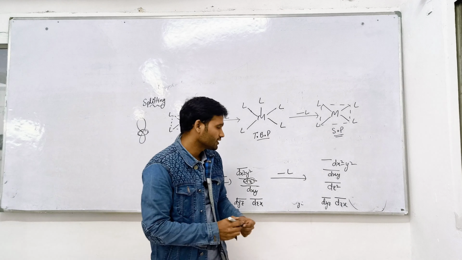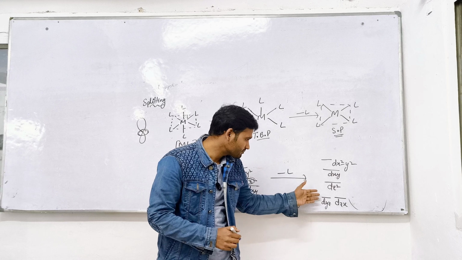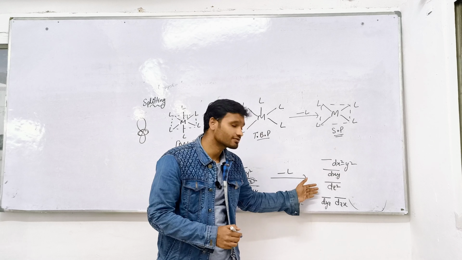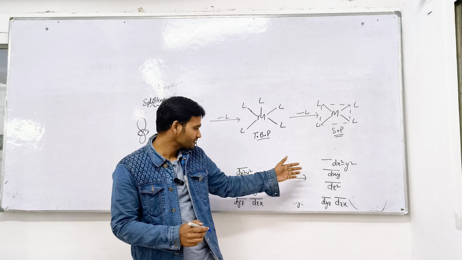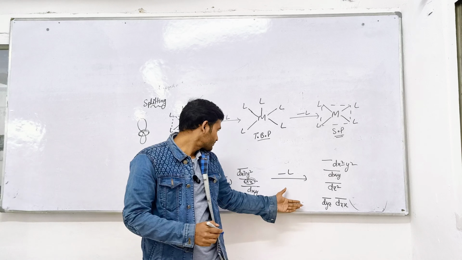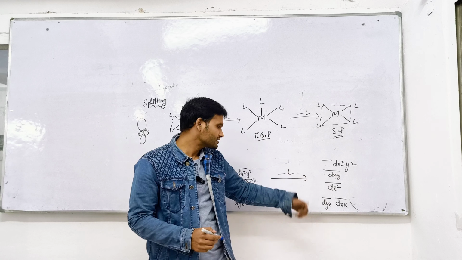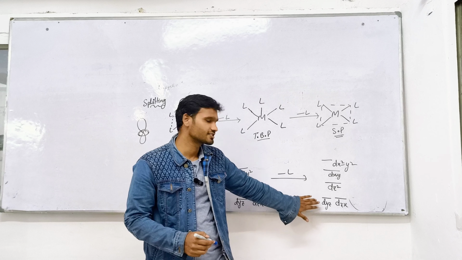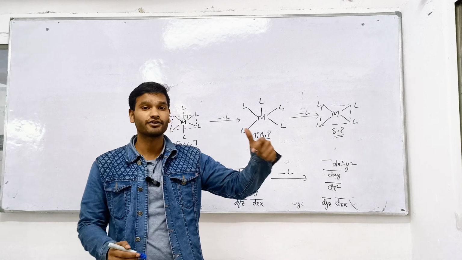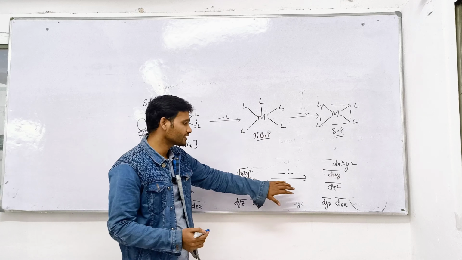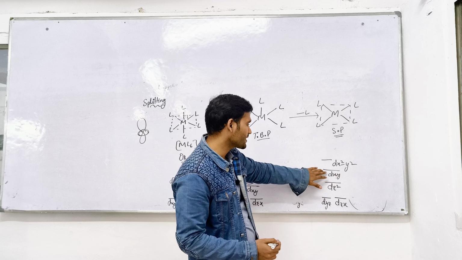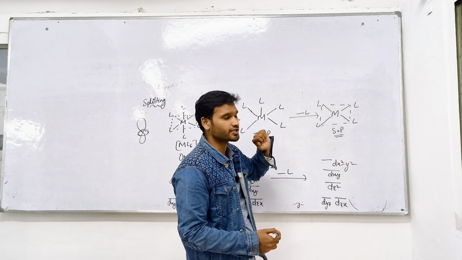Oh my God! The dz square orbital came below, and because of this its energy decreased. It means they are very free, and they have very less energy as compared to dxy and dx square minus y square.